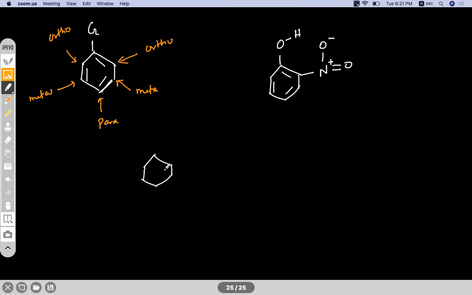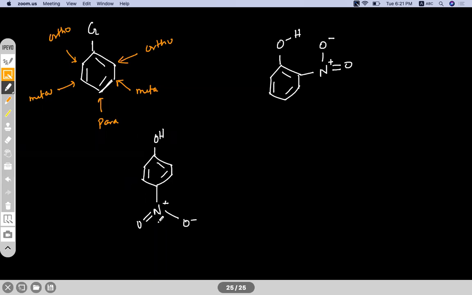Paranitrophenol is this: OH, and here we have the nitro group, O and double bond O, and a single bond with positive charge. This molecule is O-nitrophenol, where O stands for ortho. This is P-nitrophenol.